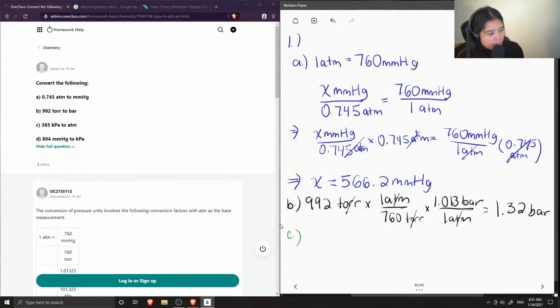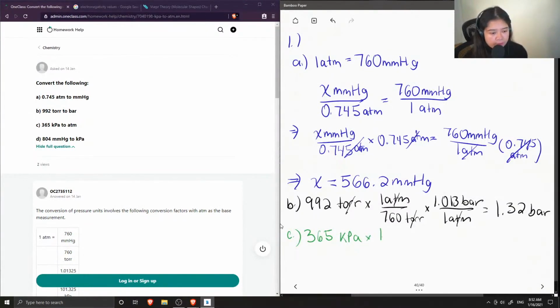Okay, so C is 365 kilopascals to atm. So the conversion factor for this question is 1 atm is equal to 101.35 kilopascals.